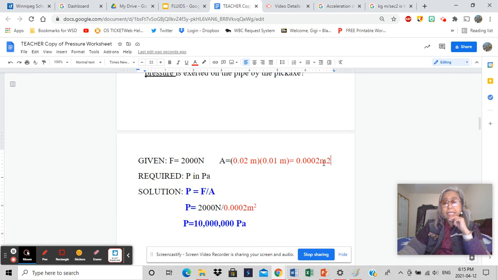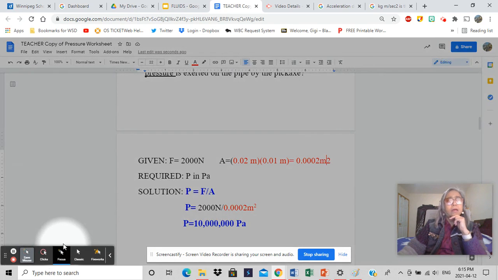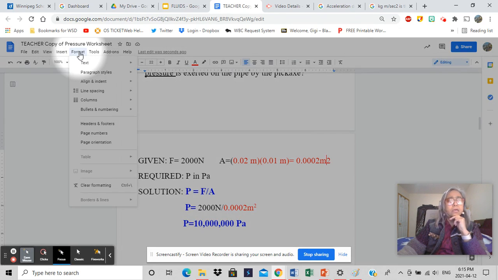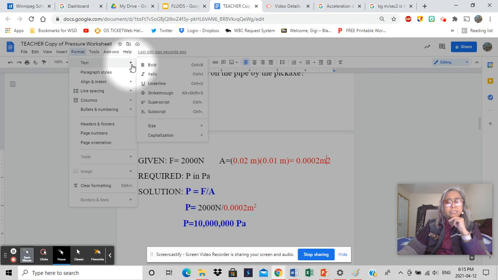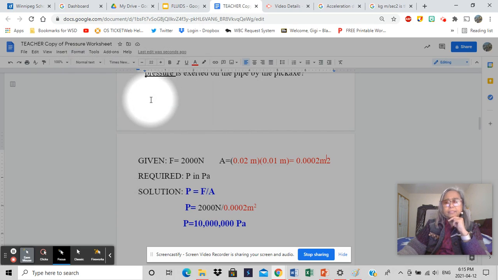Again, under tip of the day, you can just highlight this, go to format, click on format, go to text. Superscript is the exponent.